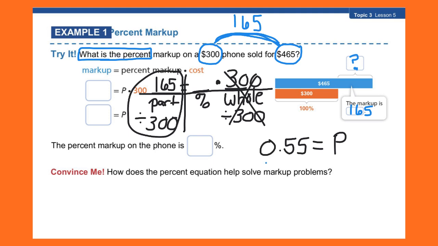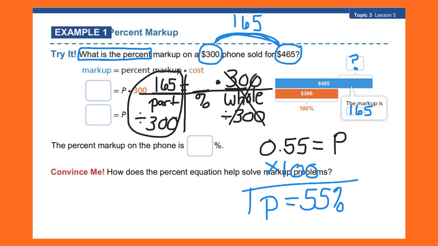You have one extra step. So the percent is actually 55%. Let's go through those steps again. First, I subtracted, and that lived right here. Then I found the original price, and it lived right here. Then I divided, and I multiplied by 100.